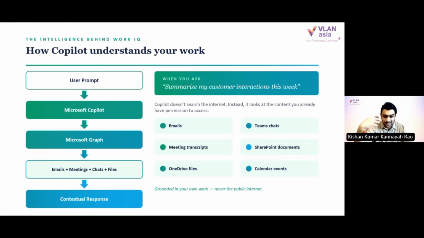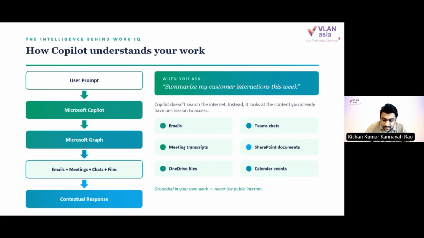Maybe Kishan is asking, summarize my customer interaction this week. And then suddenly I see some other vendor's email, or maybe a gmail.com email, which is non-related to me. It doesn't make sense, right? If that happens, that means your data is breached, right? Your data is leaked outside.